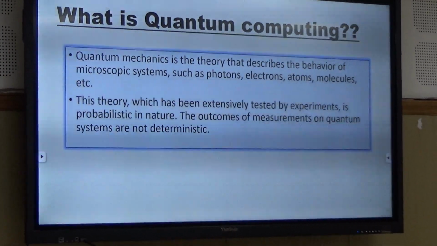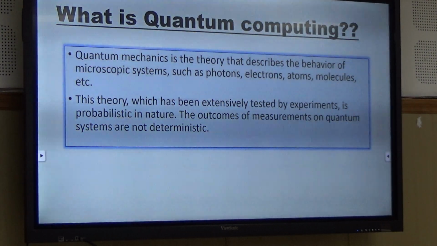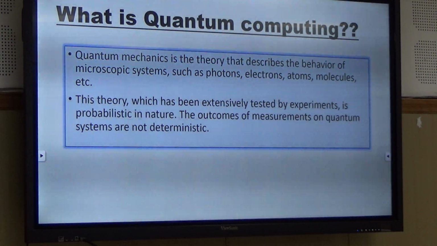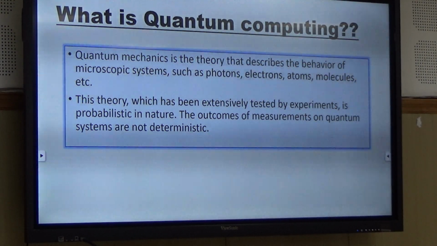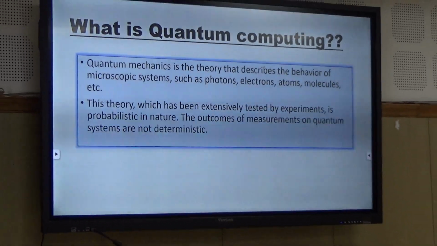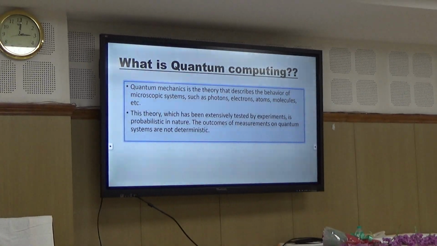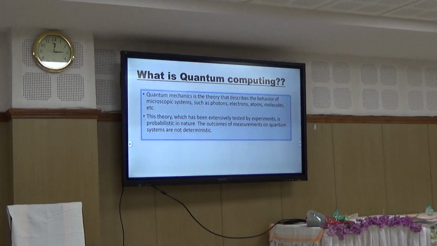Which I already told you, what is quantum computing? So basically quantum mechanics is a theory which describes the behavior of microscopic systems, because electrons, protons, photons are all microscopic particles, and this theory has extensively been tested by experimentalists to show the probabilistic nature of photons, right?